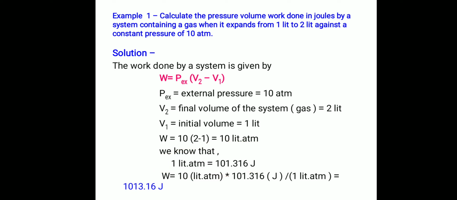With the help of this relation we can calculate the 10 liter atmosphere in terms of joules. As 1 liter atmosphere is equal to 101.316 joules, 10 liter atmosphere is equal to 10 into 101.316, which is 1013.16 joules. This is the final answer for this example.